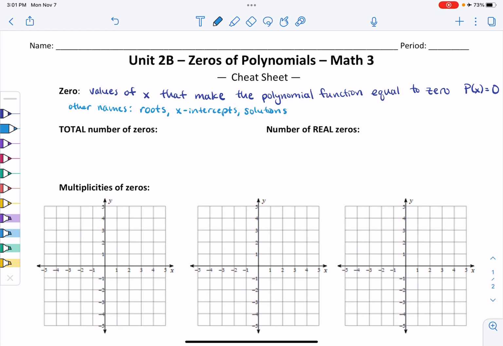So to find the total number of zeros that a polynomial has, the total number of zeros is always going to be the degree of the polynomial, okay?